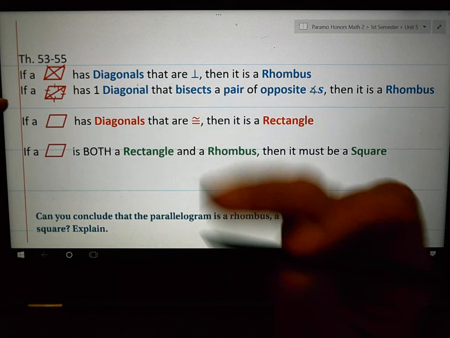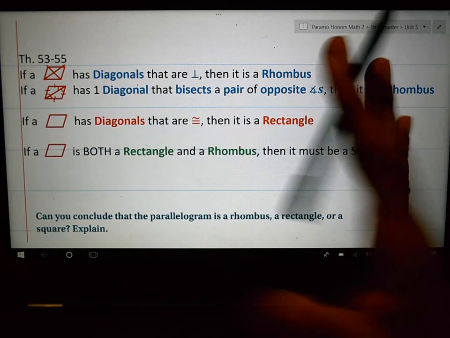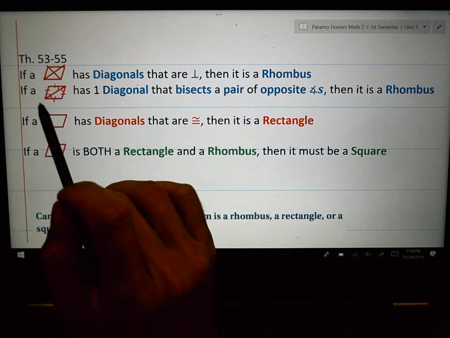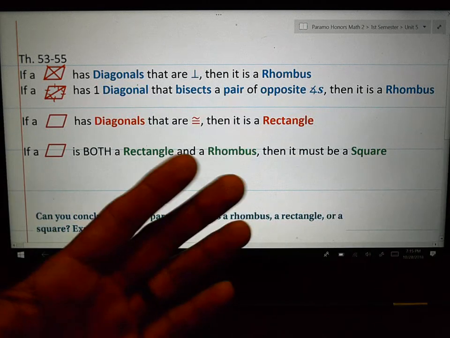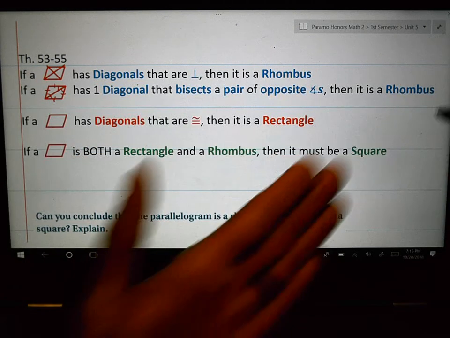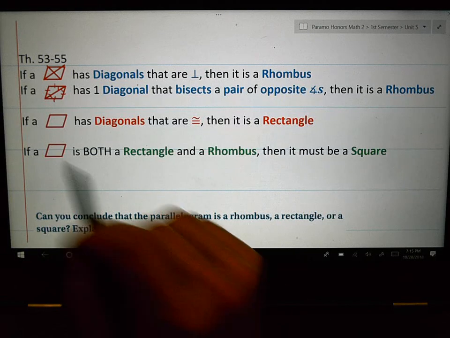We learned that because a lot of the proofs, a lot of the theorems in the quadrilateral and parallelograms units use these triangles to prove other facts about things like a rhombus, a rectangle, and a square. It builds off of each other. It's kind of neat. It's really logical. I love it. It's awesome.